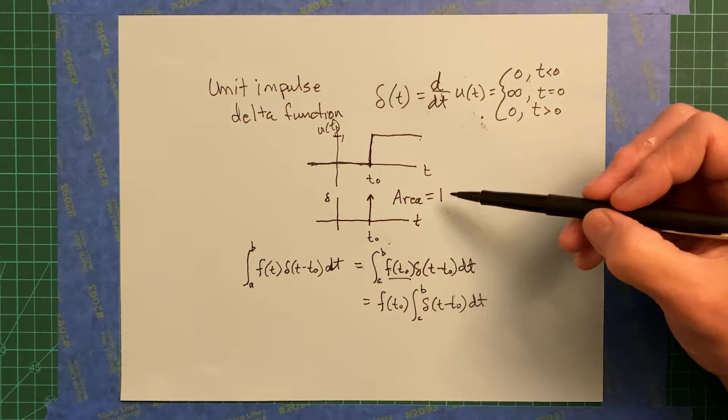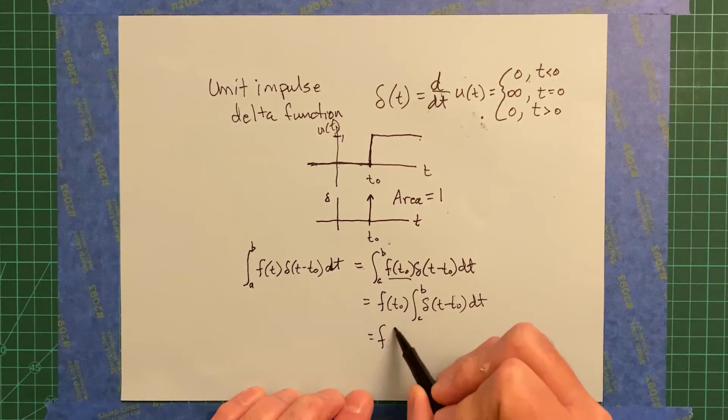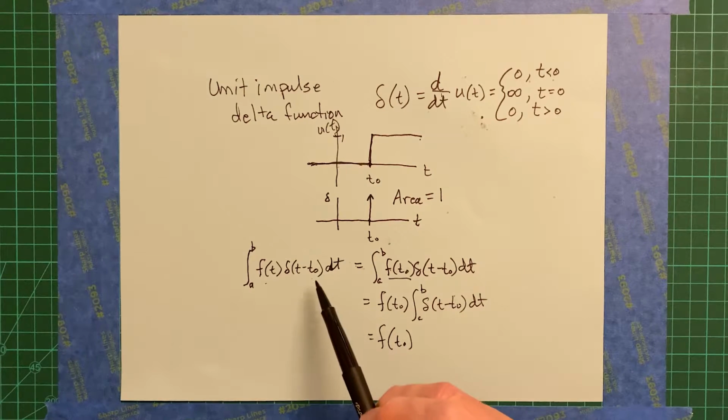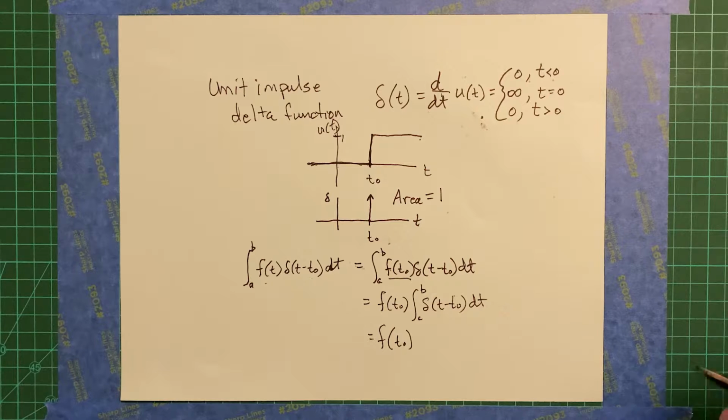Well, it's just the area under the curve, so it's 1. So this is f of t naught. In other words, what you can do is you can take some function, multiply it by the delta, and then what do you get out? You just get out the function at the place where the delta spikes. Okay, so the impulse function then serves as a method to find this f at t naught.